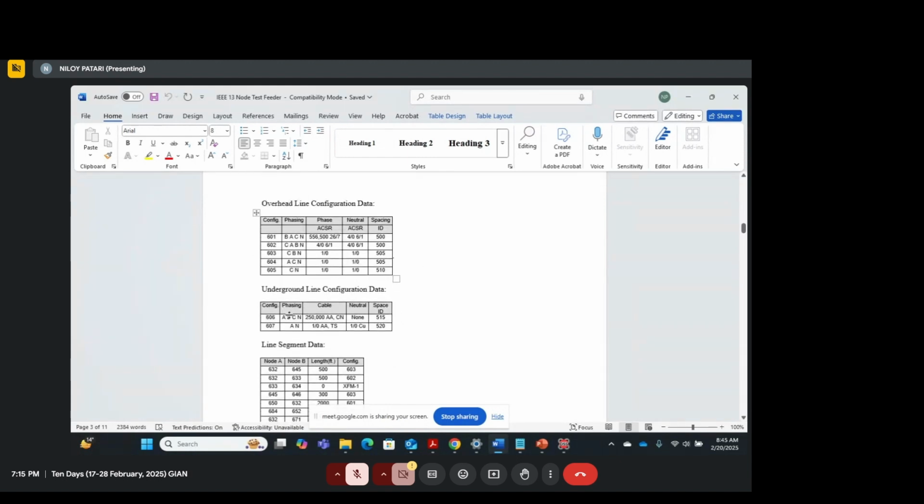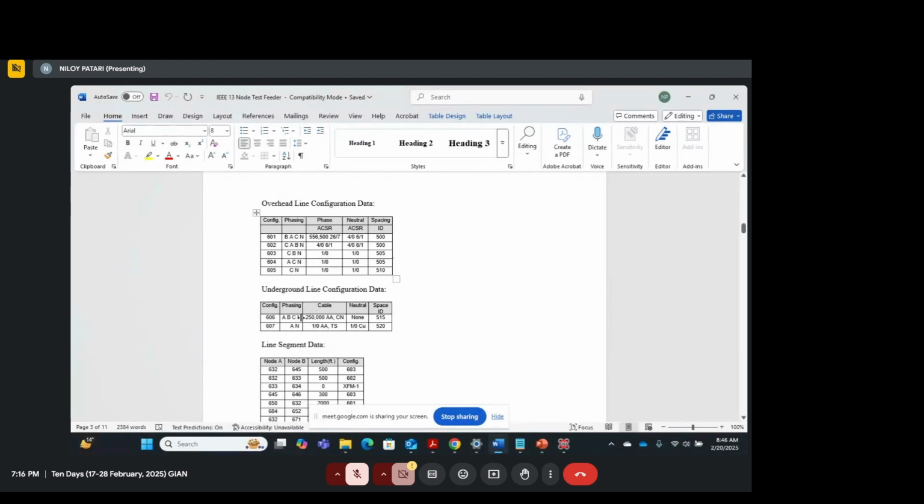Then you have underground line configurations. There is another thing you can see here: in overhead lines, 603 and 604 are two-phase lines, right? CBN and ACN, whereas 605 is a single-phase line. In underground, there are two types of lines as well: 606, which is a three-phase underground line, and 607, which is a single-phase underground line.